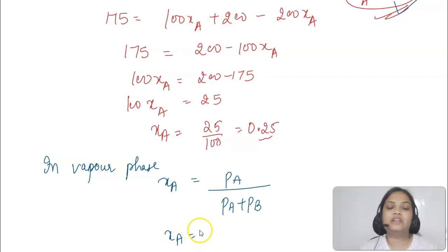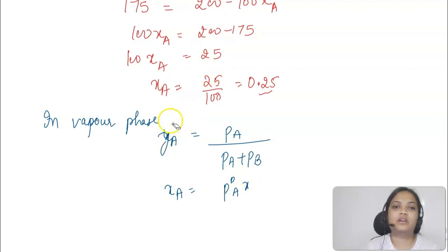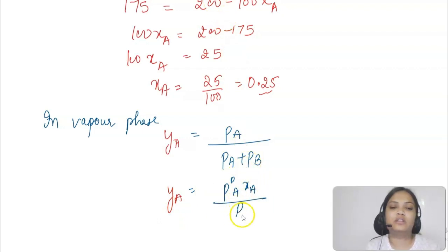Now PA, we have just calculated, which is P naught A into XA. Here I will write Y, because here we are talking about the vapor phase now. So it would be YA equals P naught A XA upon P total, which is already given to us as 175.